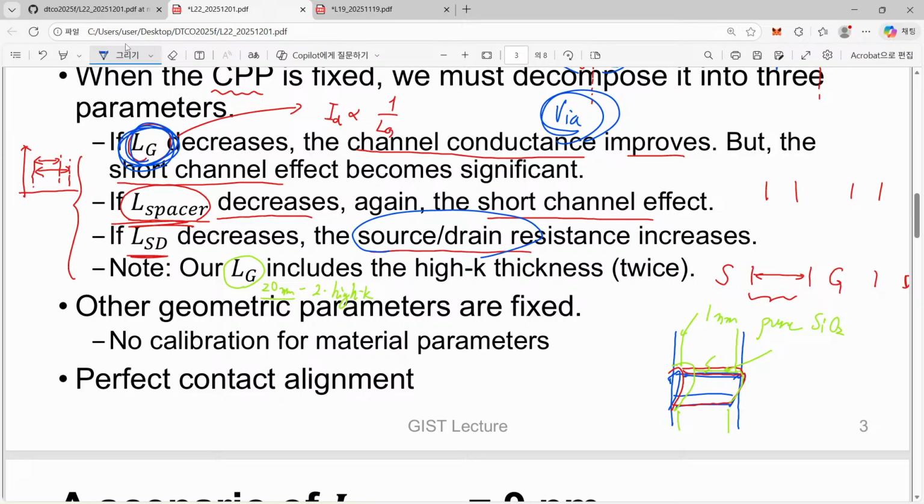But please do not switch conventions during a given job. And other geometric parameters are fixed. It means that the most important one in this case is the fin shape. Among the fin shape, we just keep a 7 nanometer thick fin. If we reduce fin thickness down to 6 nanometer or 5 nanometer, then its short channel immunity can be greatly improved.